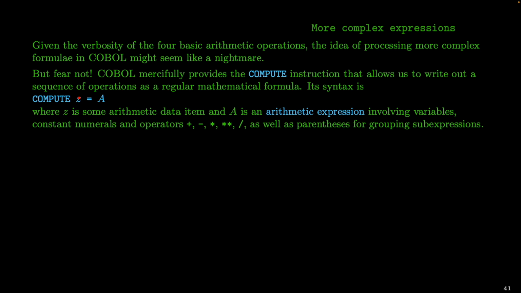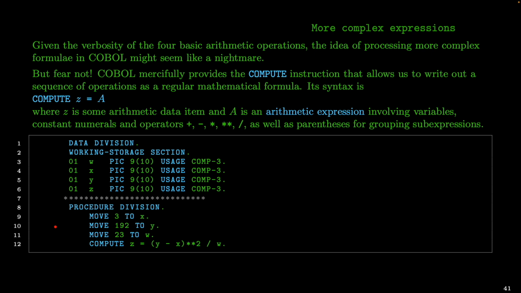Now the syntax is compute z equal to a, where z is some arithmetic data item, and a is any arithmetic expression involving variables, constants, and these operators here, which would be addition, subtraction, multiplication, the double star for taking exponents, and division. And of course we can use parentheses to group sub-expressions.